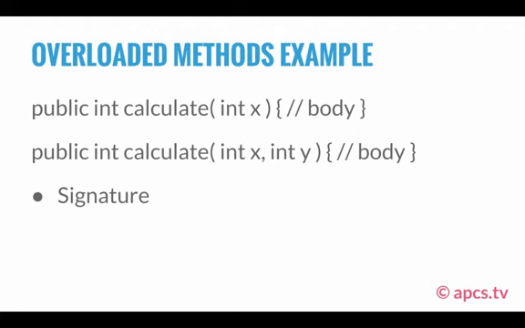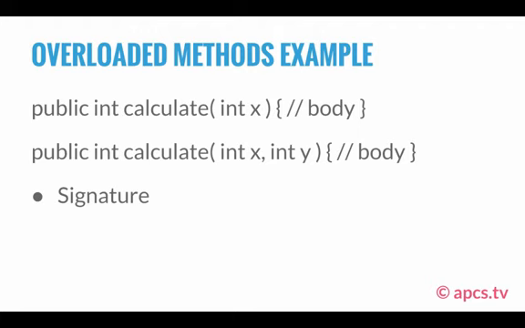Let's say an object of this class were created and the client were to refer to the calculate method. If the client put only one integer in the parentheses and didn't put a second one, then the computer would know to run the first method.